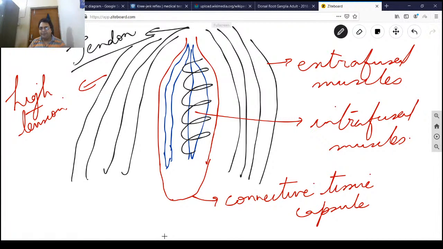So what happens is, when you are hit with something, suppose a 40-pound weight is dropped on your hand, this entire thing gets stretched. In the intrafusal muscles you have the spindle fibers, which are stretch receptors, like proprioceptors.